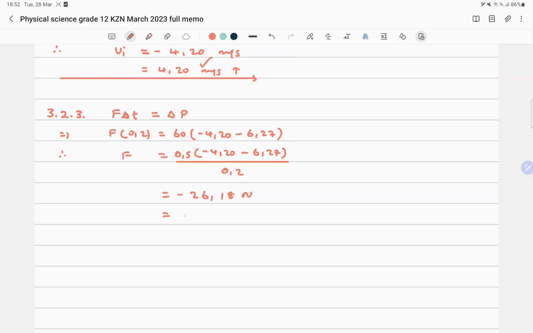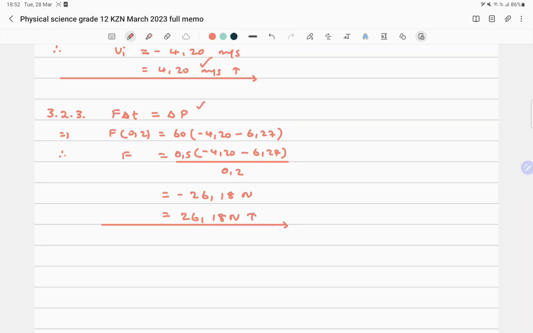But now this means it's 26.18 newtons. If it is negative, what does that mean? This force is directed upward, which makes sense, right? Because it changed the direction of this object of ours. Great. So guys, this is how easy this thing is.